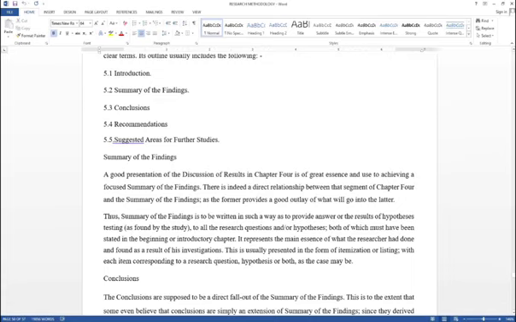So the way you present your results will help you to get a good and focused summary. There is indeed a direct relationship between that segment of Chapter 4 and the summary of the findings, as the former provides a good outlay of what will go into the latter.